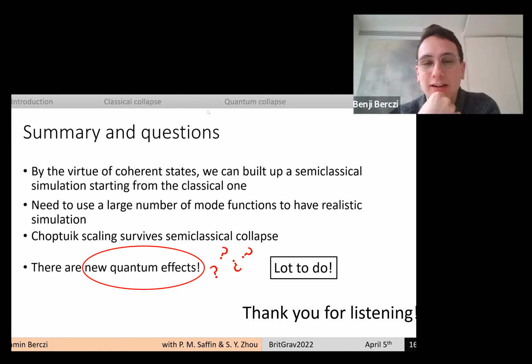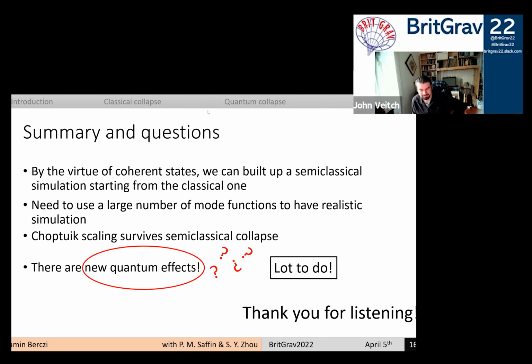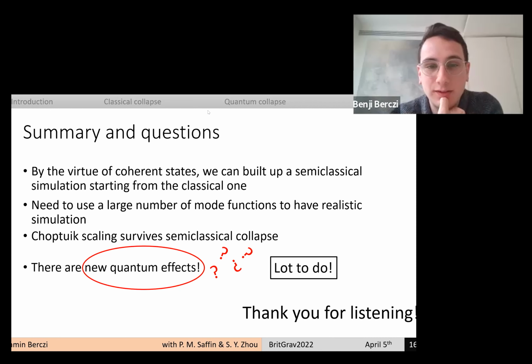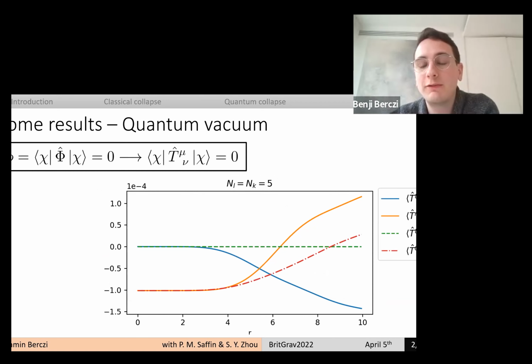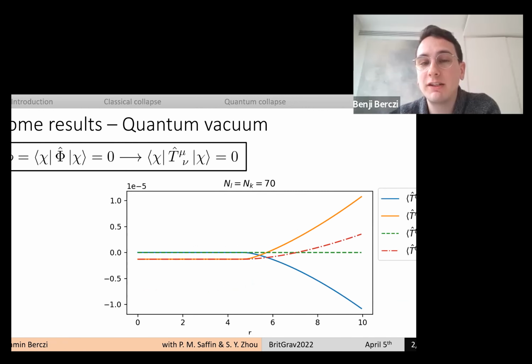And I think I can see the other question as well. Is that from Marion? Yep, go ahead. Okay, so when you say 5 to 10 modes gives realistic results, what do you mean by realistic? What I mean by realistic, I couldn't show you here because I didn't have time, but when we build up the quantum vacuum, the stress energy tensors would have to vanish, and when we keep adding modes, it vanishes better and better.